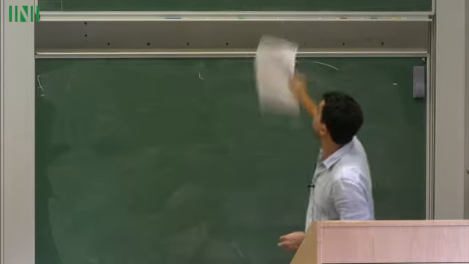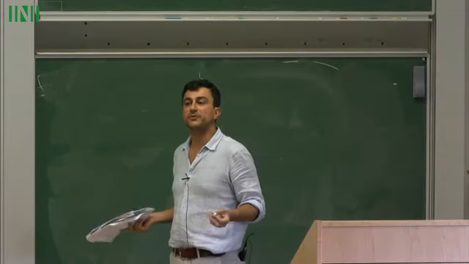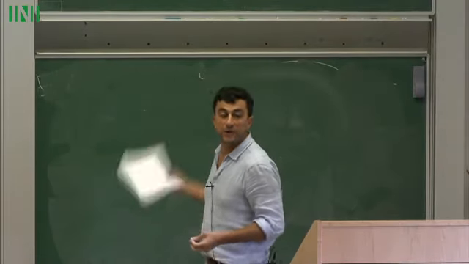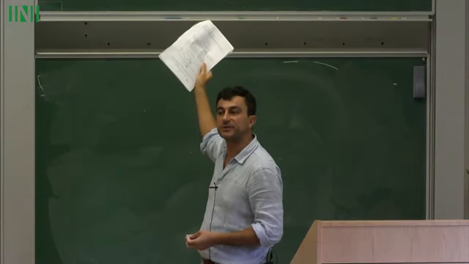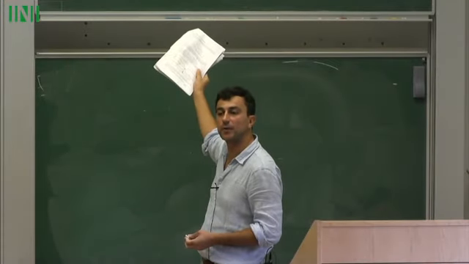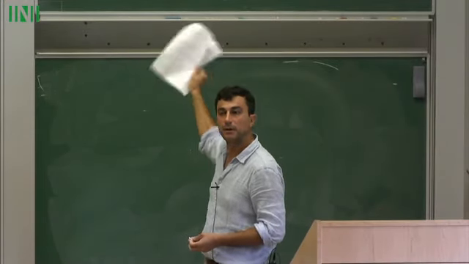It's called steepest descent, so you can guess where it's going. We have something oscillatory, and we want to turn it into something exponentially decaying by deforming in the complex plane. Okay.